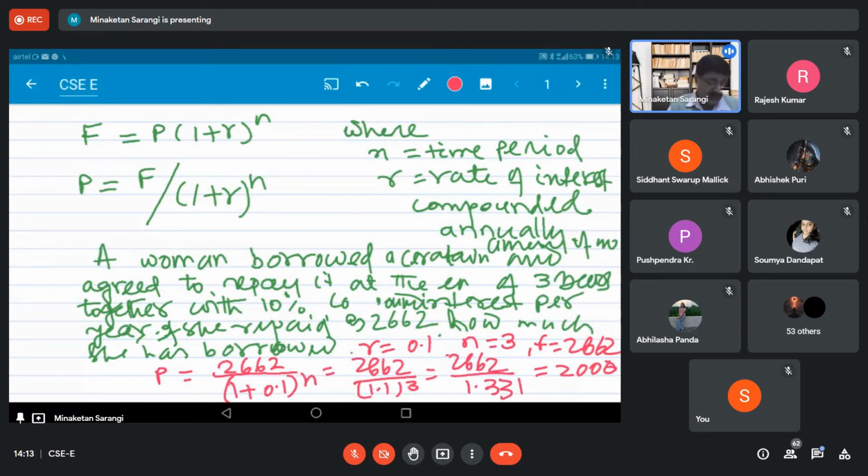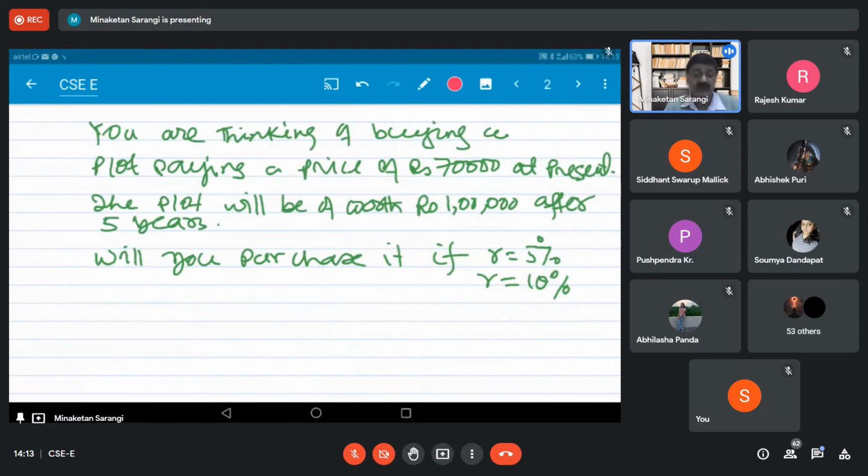Now I am taking the same question further. You are thinking of buying a plot, paying a price of 70,000 at present. The plot will be worth 1 lakh rupees after 5 years.